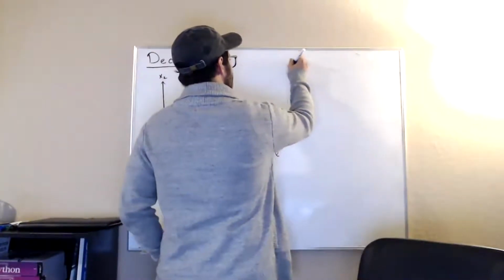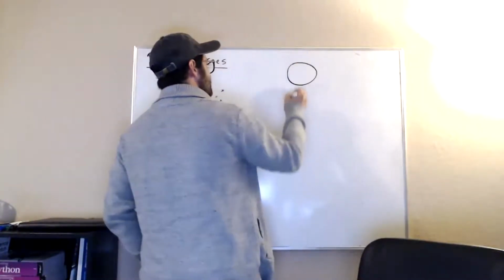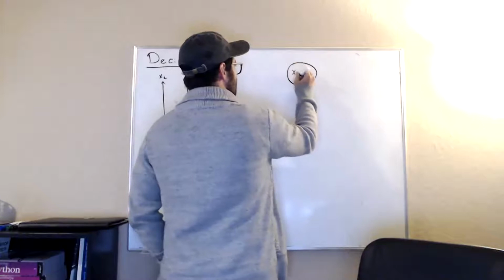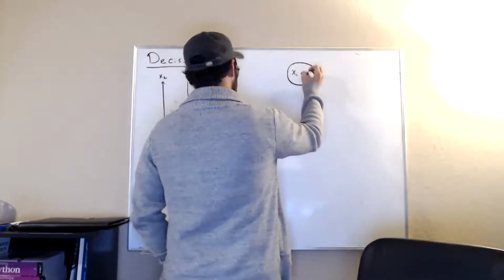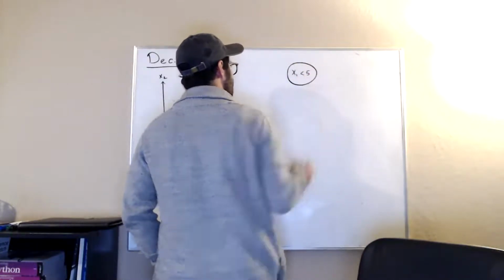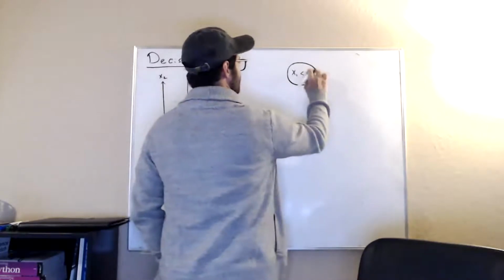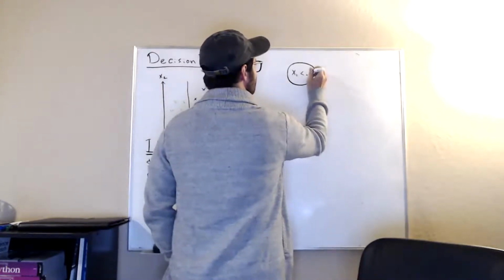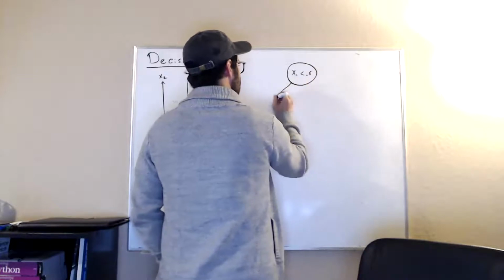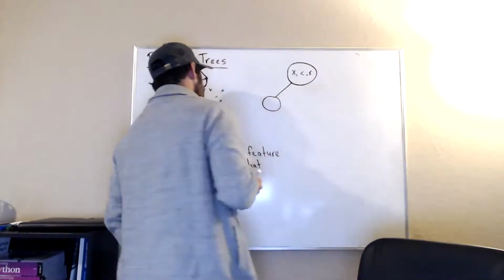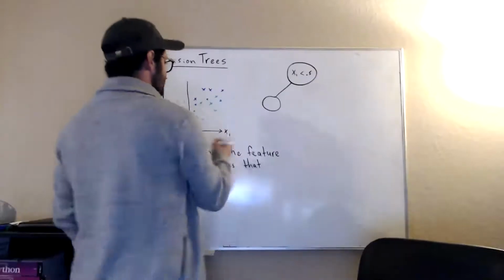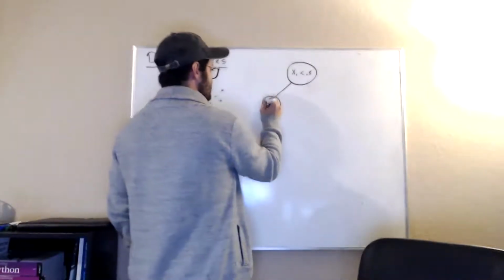So if we have our root node here, and we can say it's x1 less than 0.5, then if it is, we would classify it as being brown.